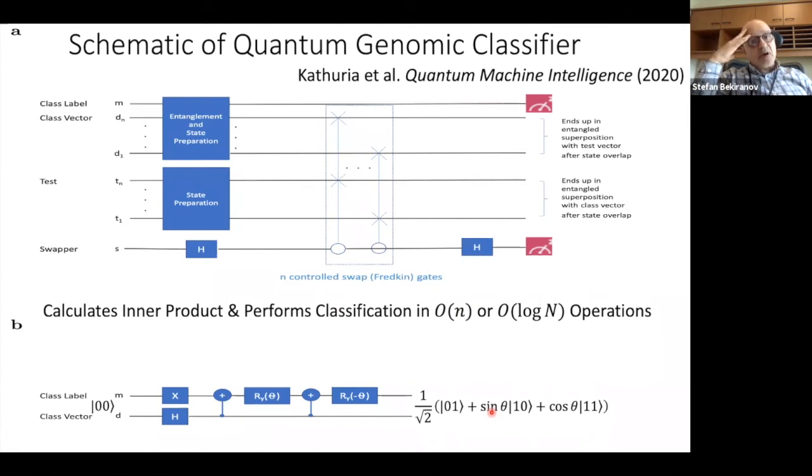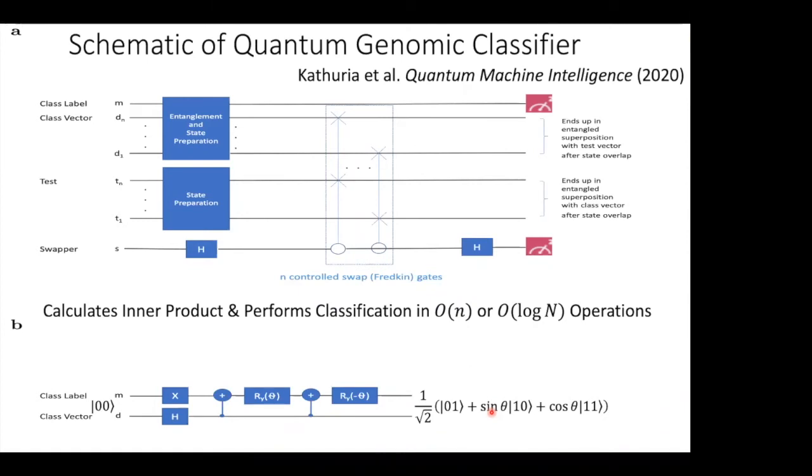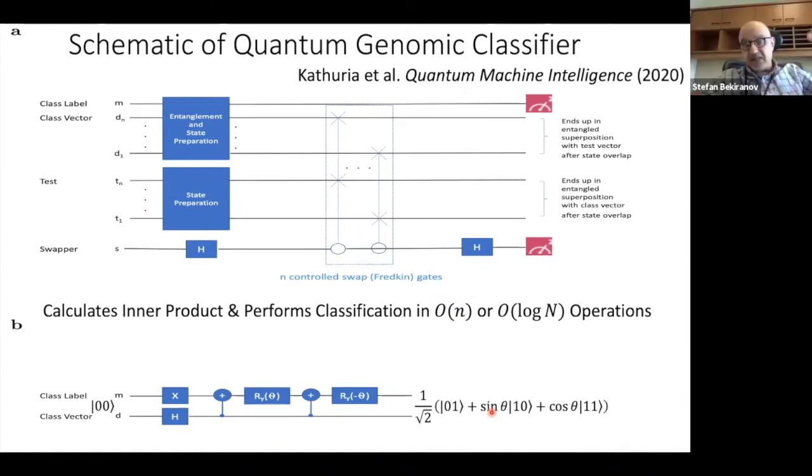Remember, in the way that I cast the classical classifier formally, I pre-sum all the samples for disease and control. The reason we even thought of it that way is because this would be a hybrid classical quantum classifier.